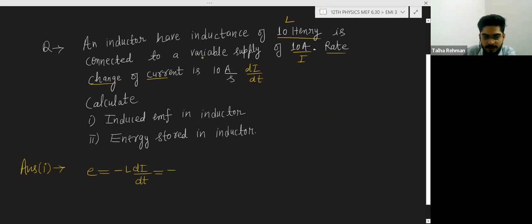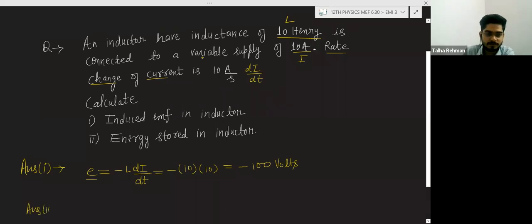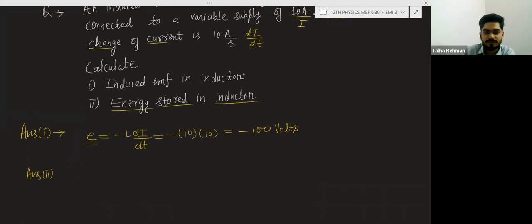Minus, what is L? L is 10, di by dt is 10. So this will become minus 100. What is this? This is EMF, so unit of EMF is volts. Now second, they are asking energy stored in an inductor.